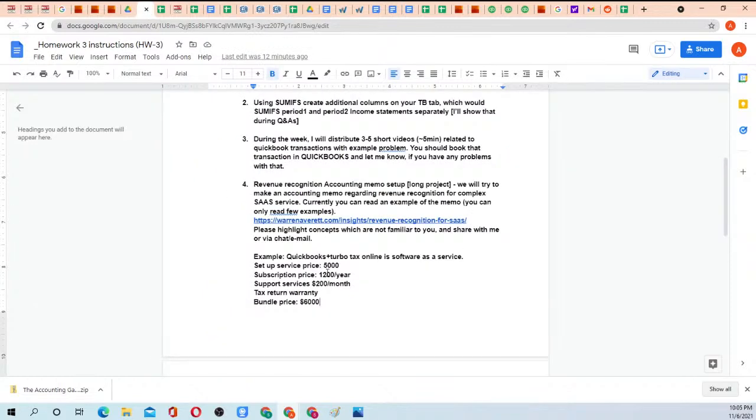So here we have some kind of approximations of the standalone selling prices, but we do not actually have one for the tax warranty, and we will probably need to check the guidance about not having a standalone selling price.